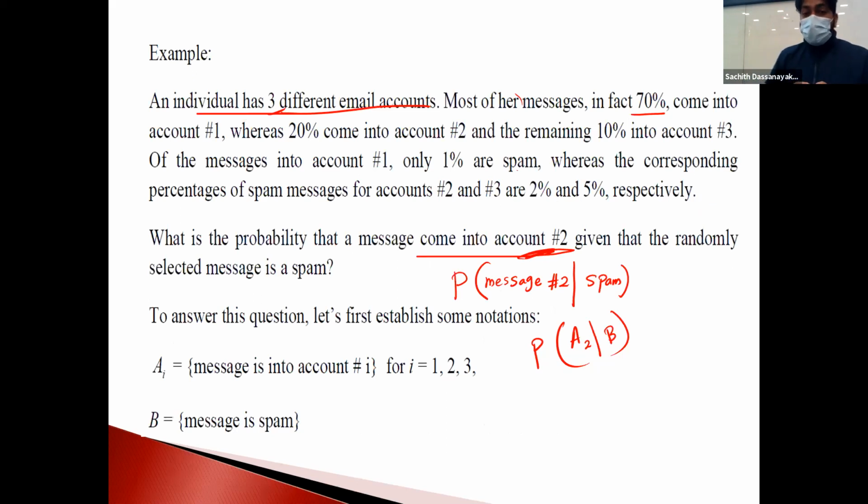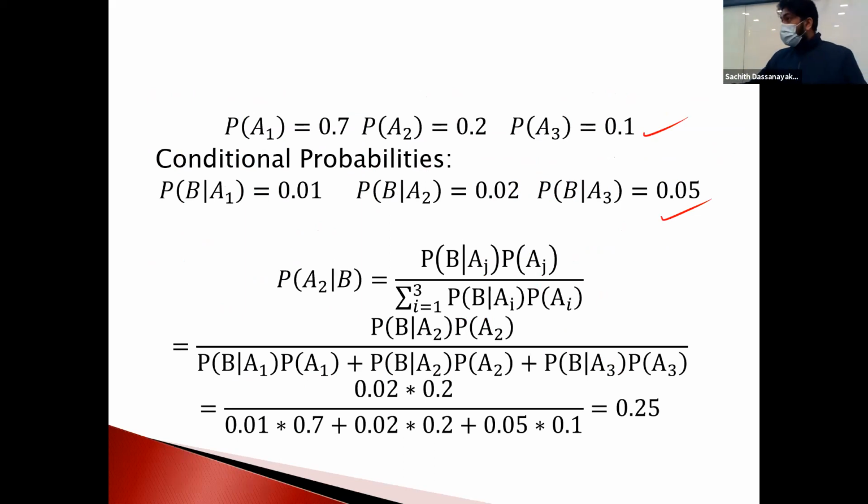Only one percent is spam for account 1. So the probability is 0.01, because it's 1%. The other two you can find the same way.